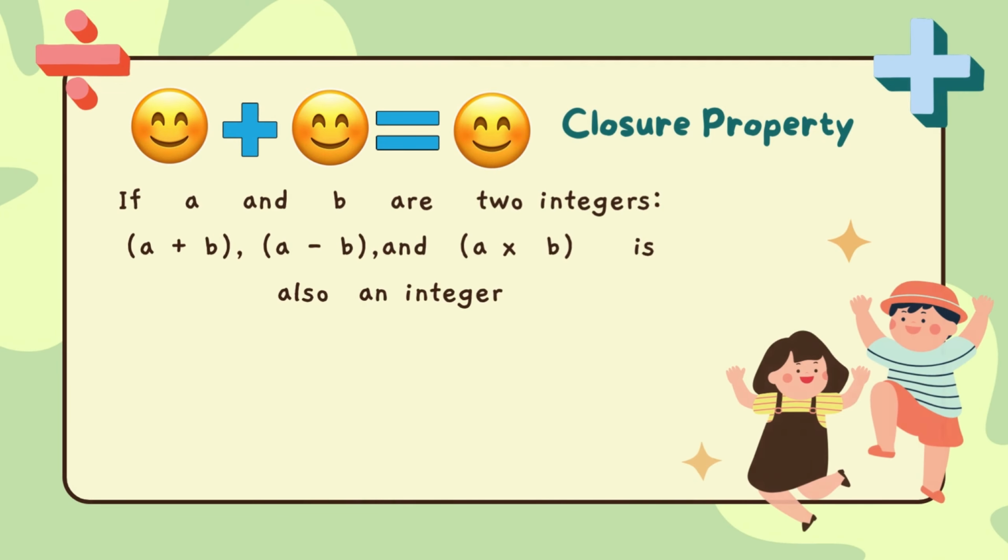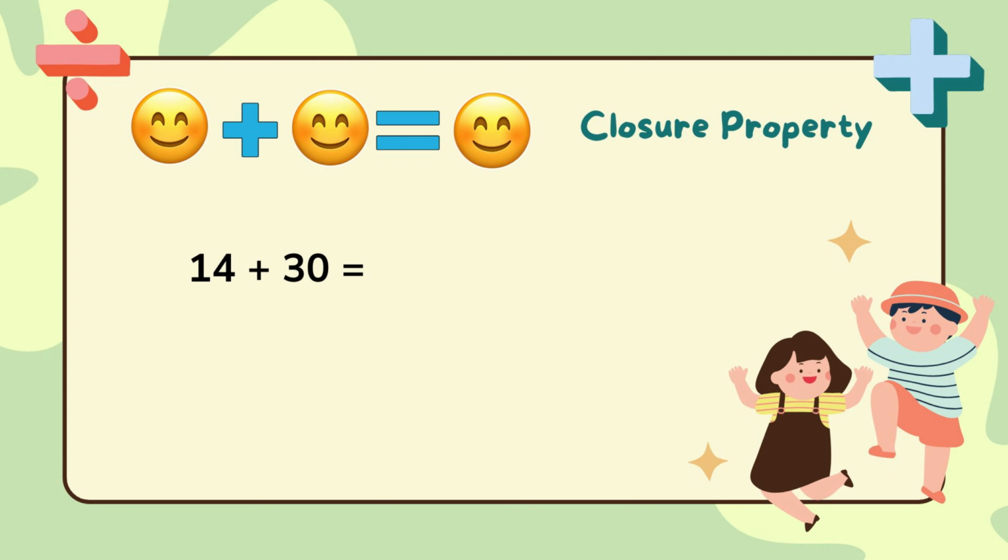Okay, let's have the first property. We have the closure property. The closure property: if a and b are two integers, a plus b, a minus b, and a times b is also an integer. So, here's an example. 14 plus 30 is equal to 44.